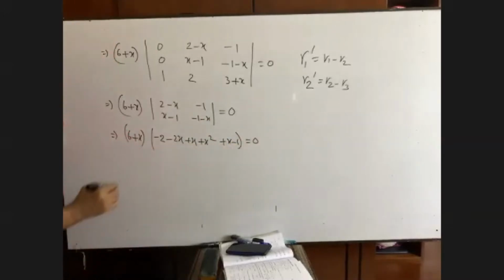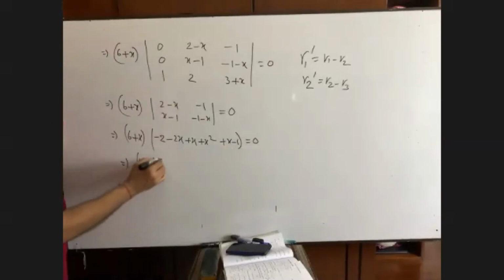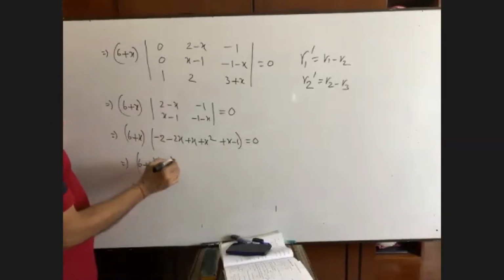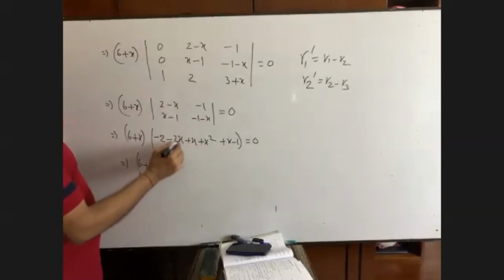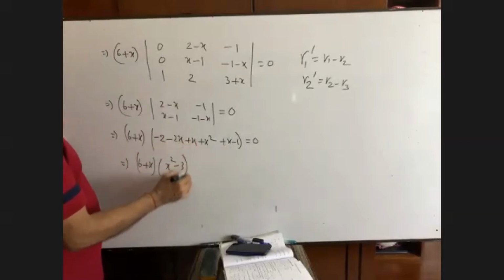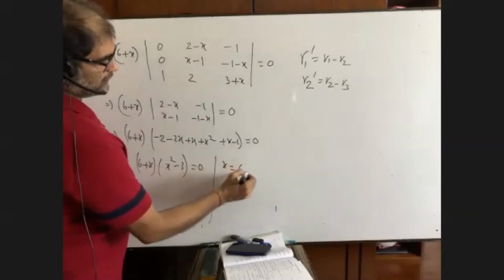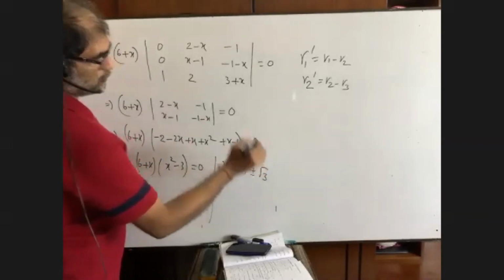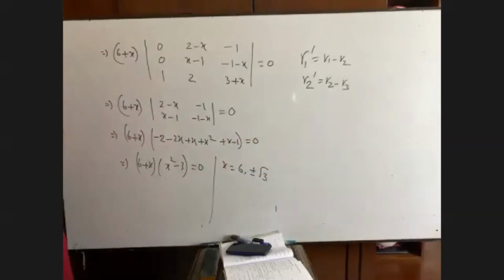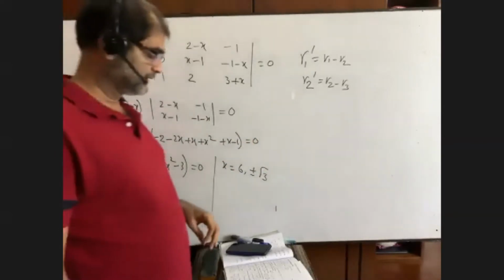So for us, we are getting the same result. 6 plus x, it is what? x square, it is minus 3. So we are getting x equals 6 and plus minus root over 3. For the last math, it was 9. Can you remember?